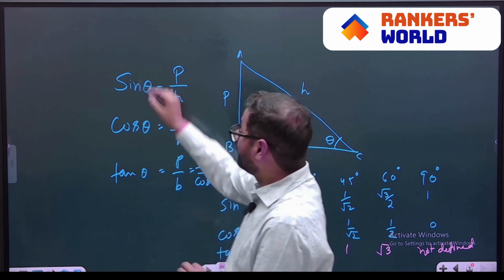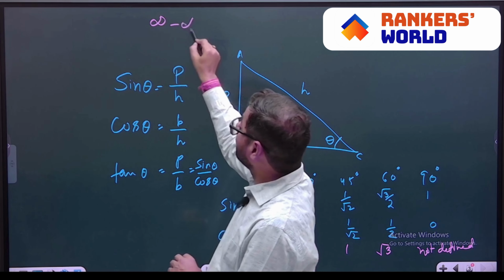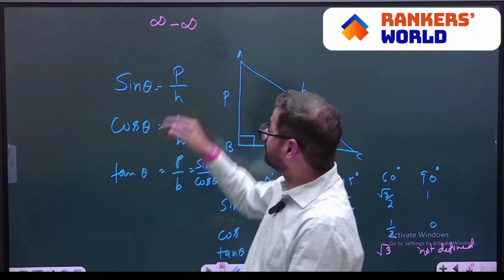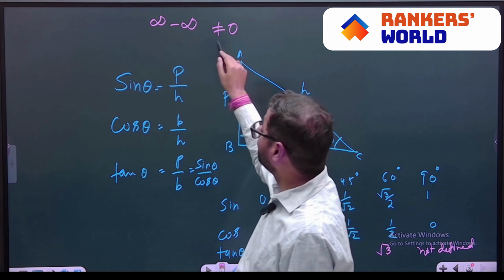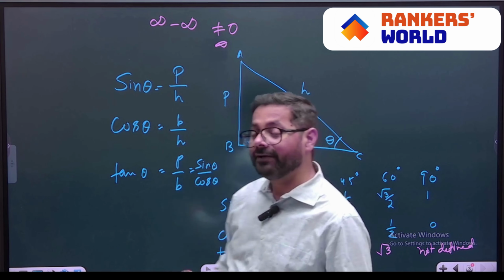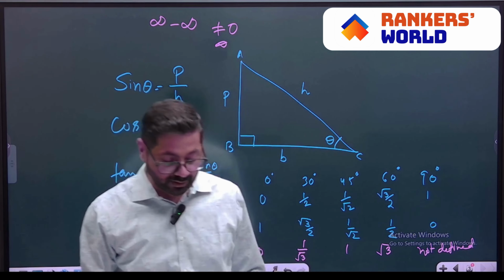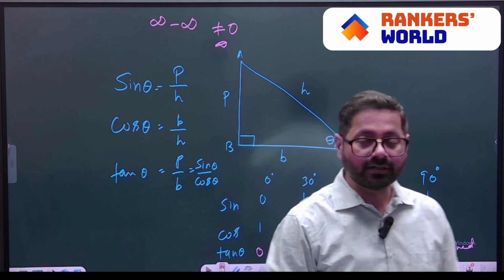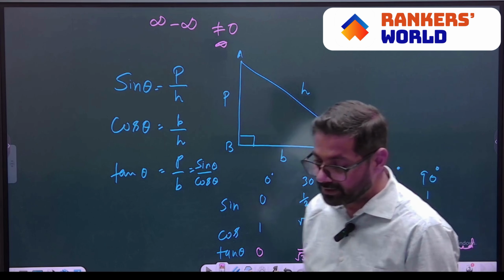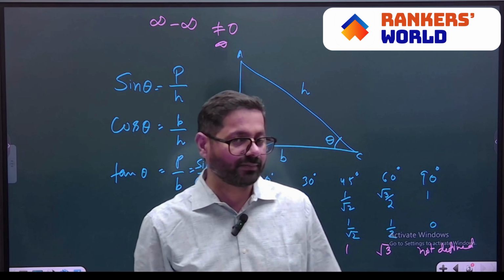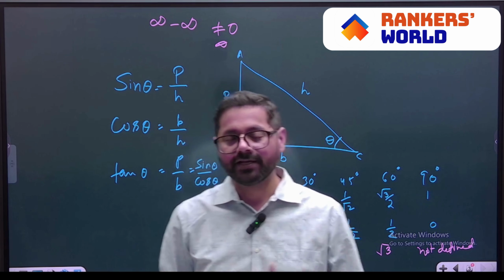And infinity minus infinity is not 0. It can be any value. It can be infinity also. So infinity itself is said to be not defined. So better, instead of writing infinity, just use not defined, because aptitude never talks about something called infinity, which is very difficult to judge.